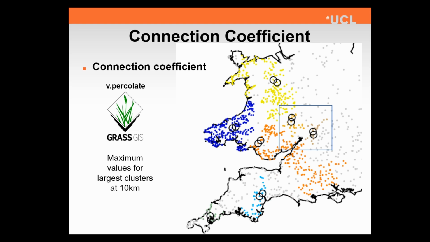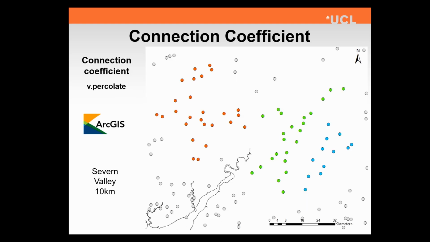If we close in on that area in the lower part of the Severn Valley, close to the borders of England and Wales, then we've got here plotted on a GIS three clusters at 10 kilometres in red, green and blue. If we look at the maximum connection coefficient of sites in there, we've got some ranking, so the sites highlighted in red are the largest, that's the next one down, and then we picked out some of the scaling ones.